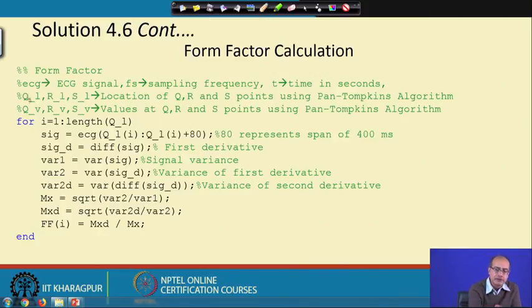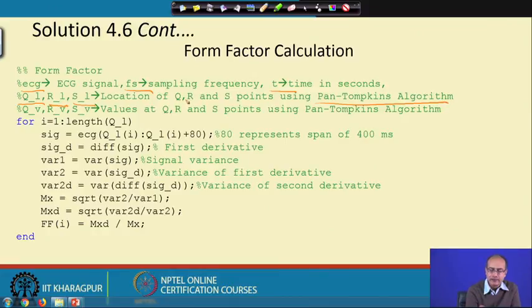Here, a couple of things we have marked: ECG is our ECG signal, Fs is the sampling frequency, T is the time axis, Q_L is the location of the Q, R_L is the vector containing the location of R, and S_L is providing the location of S points, and all of them we get from the Pan-Tompkins algorithm.